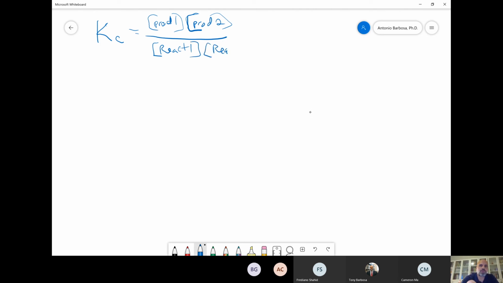Obviously, there could be more or less, and that's the overall equilibrium constant.